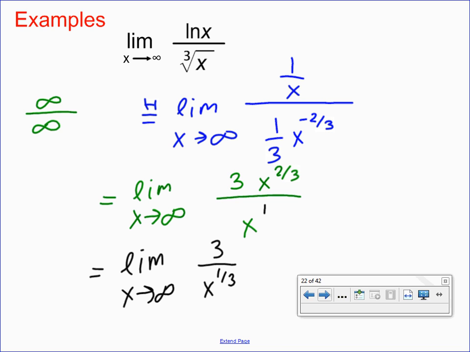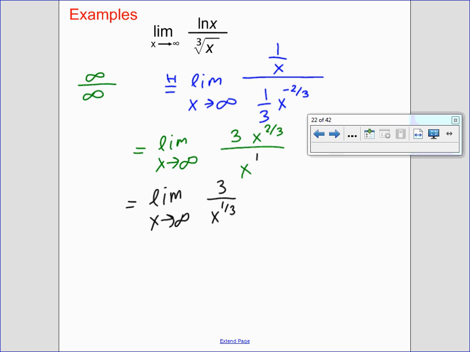So I'm getting 3 over infinity. Is that indeterminate? Is 3 over infinity indeterminate? No, it most certainly is determinate, and it looks like it's going to shrink towards 0. So this one we were able to evaluate. It took a little bit of work, but we got there.